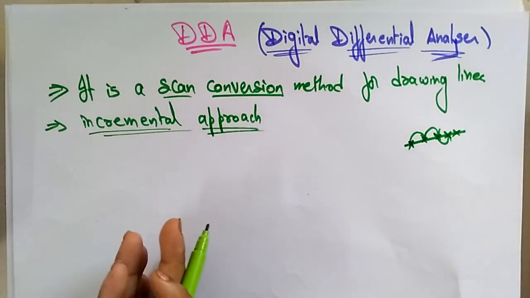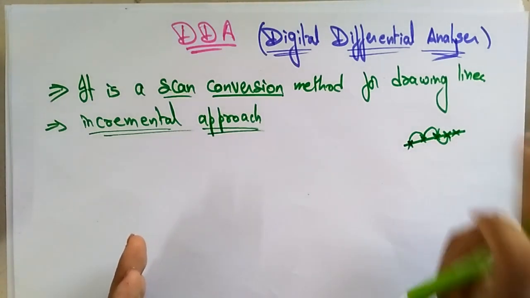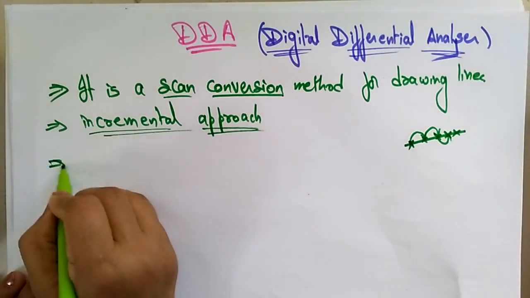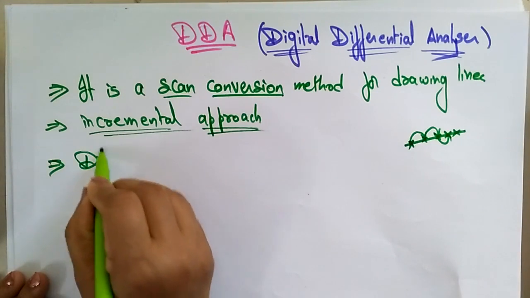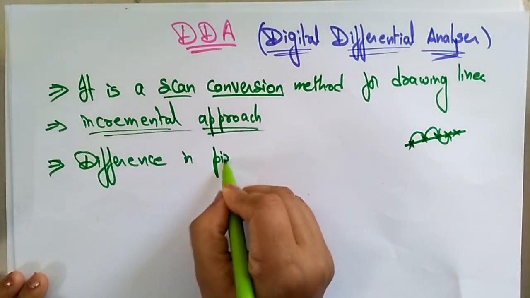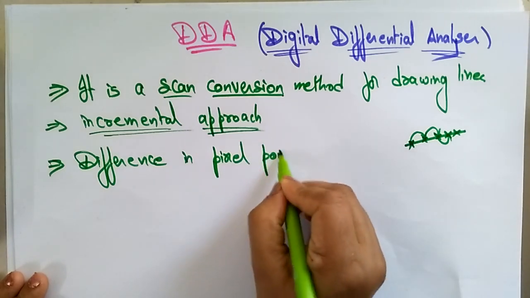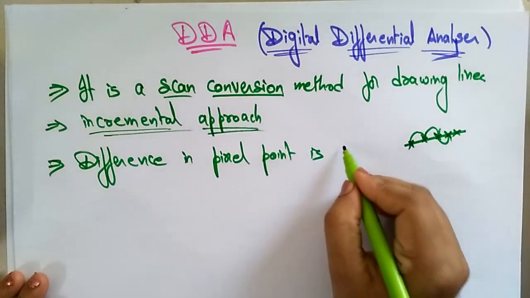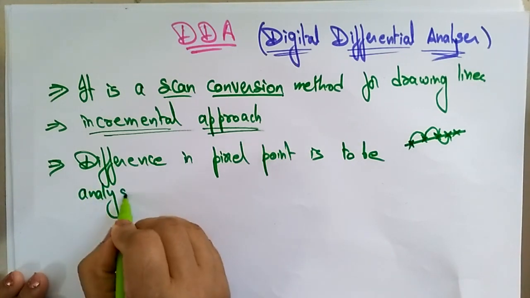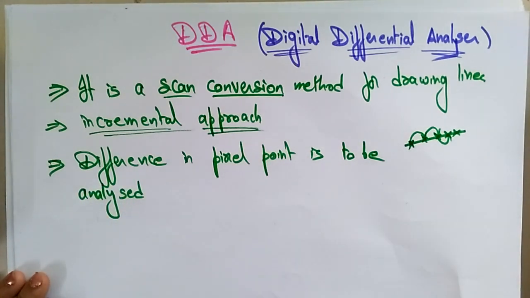In this algorithm, to draw a line, the difference in pixel points is analyzed, and then according to that the line is drawn.